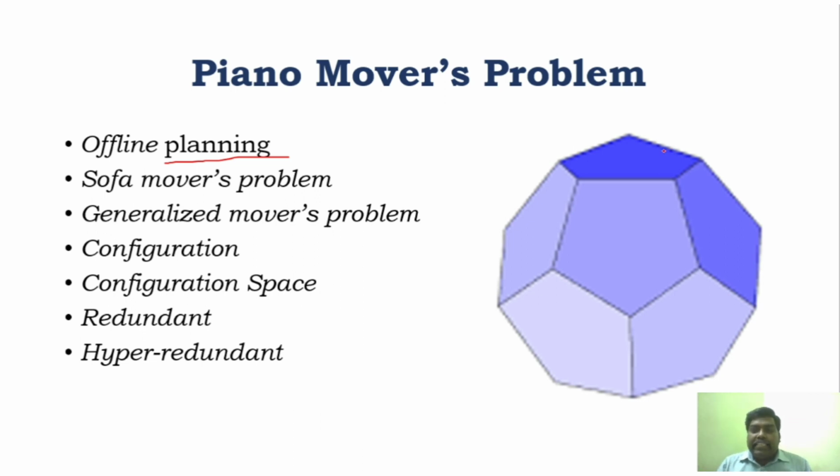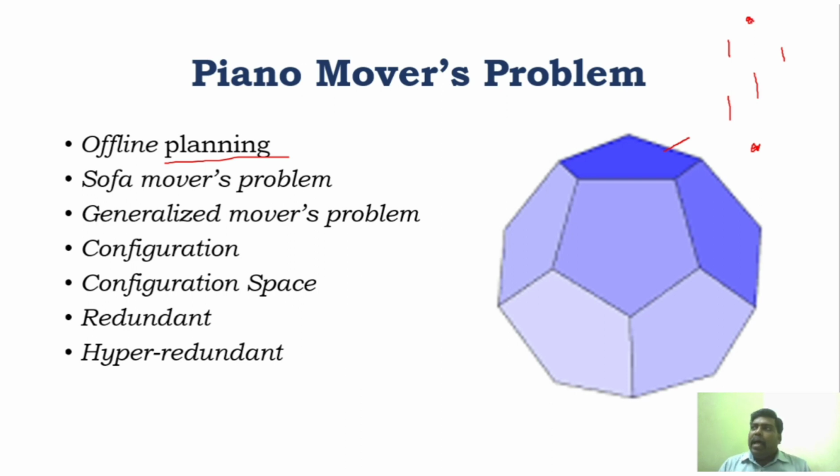This is a rigid body where you don't have any connectivity here. If this rigid body is trying to move from this particular place to this particular place, and if there are a lot of obstacles like this, fixed obstacles, then the rigid body, the polyhedron, has to move in such a way that it does not collide with these obstacles, and it has to reach this particular place.